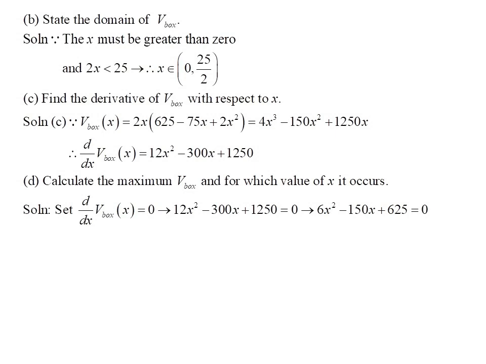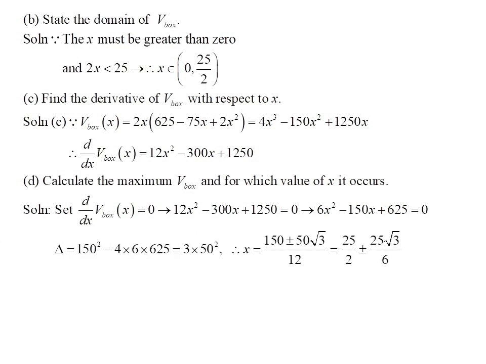To solve this quadratic equation, we check its discriminant first, which equals 150 squared minus 4 times 6 times 625, which equals 3 times 50 squared. Accordingly, x equals 25 over 2 plus or minus 25 square root 3 over 6.